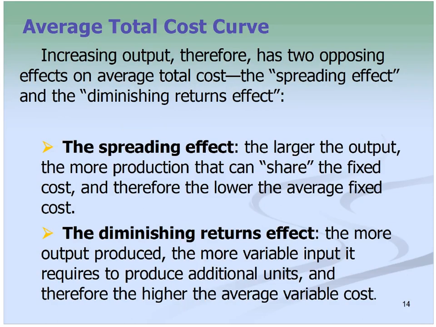Let's talk about what we see there in the ATC. We have a couple of things happening with the ATC. Notice we have fixed costs and variable costs here. So with fixed costs, we're going to get what's called the spreading effect, which means if I'm paying a mortgage or I'm paying a rent on a lease, I'm going to be able to spread that out over time. That's called the spreading effect. So I'm going to share that cost over a period of 2 years, 5 years.